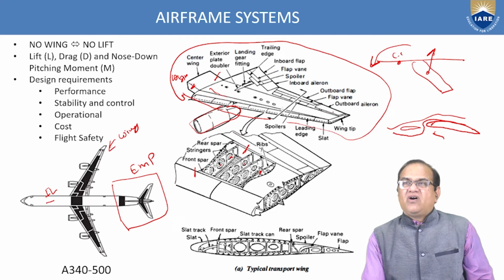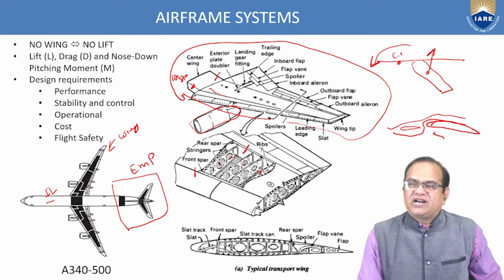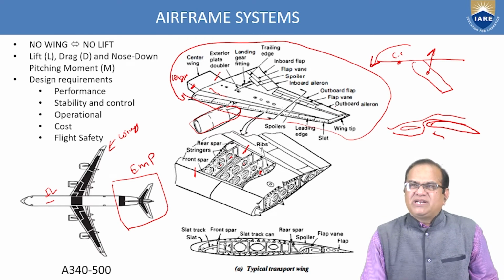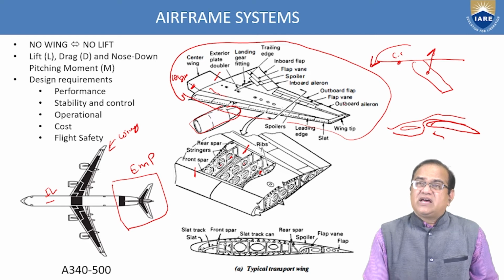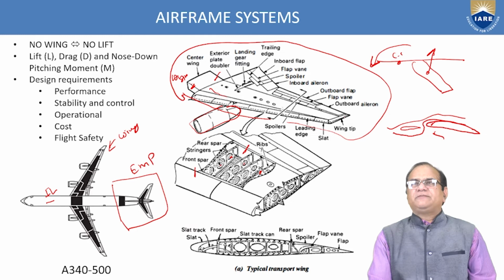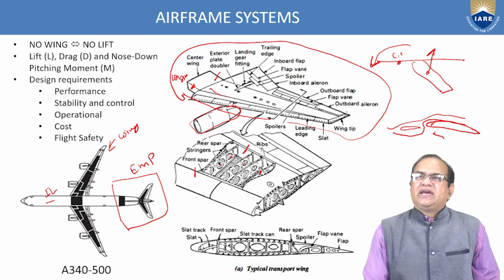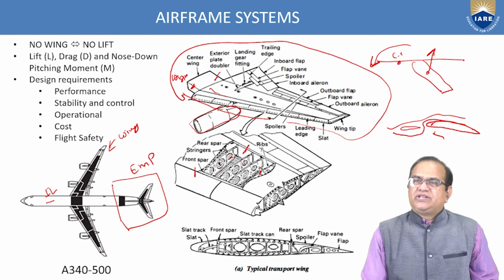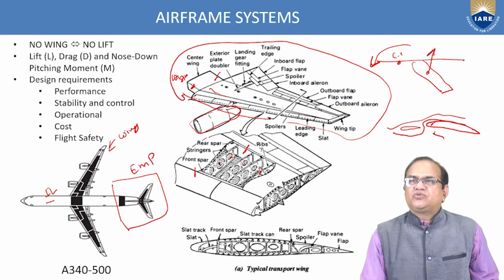For all modern aircraft to have a better control, and most of the time these outboard ailerons are becoming ineffective due to the circulation of the wind near the aircraft. So we have to ensure that this should not happen.